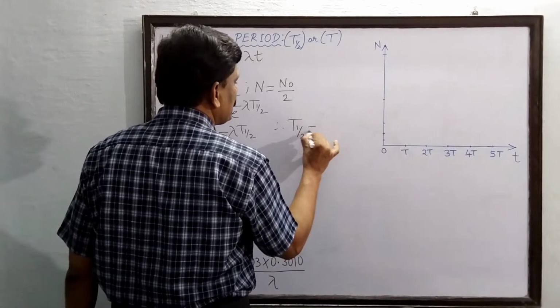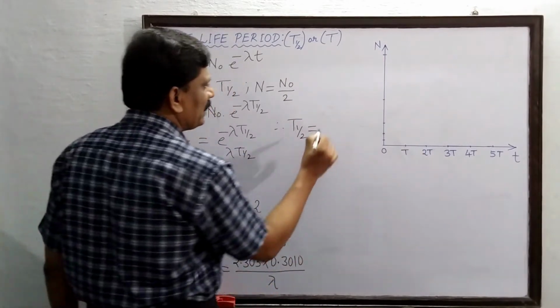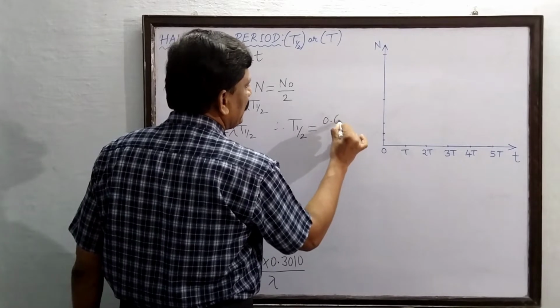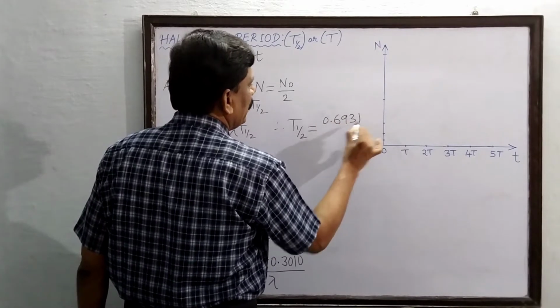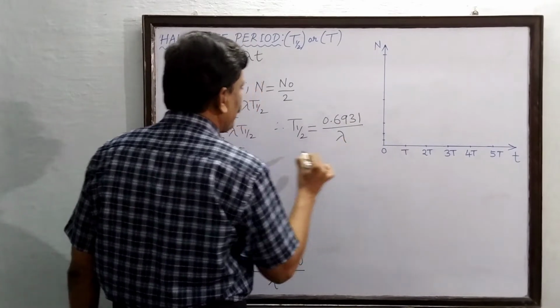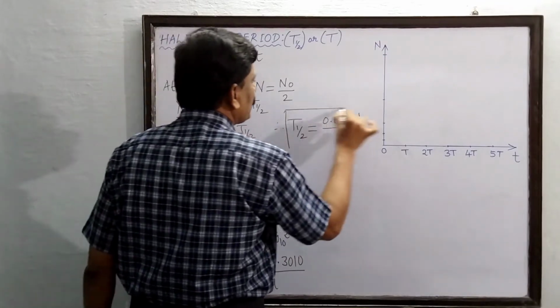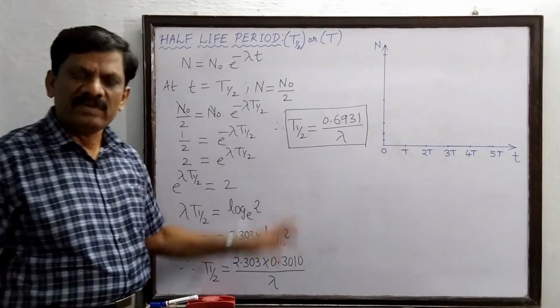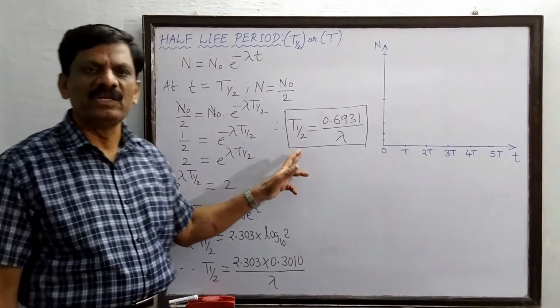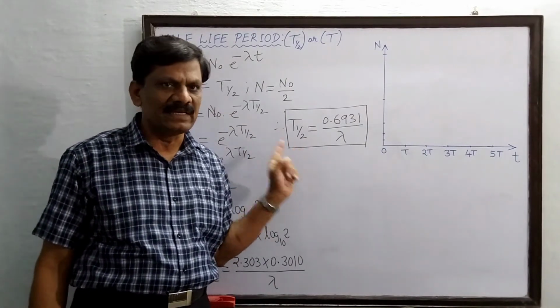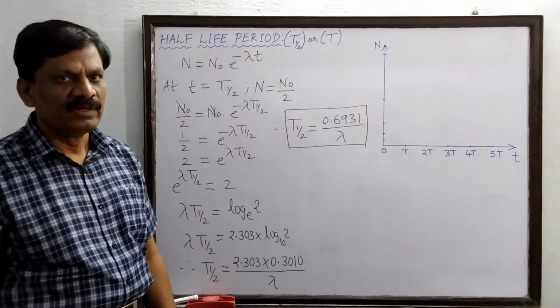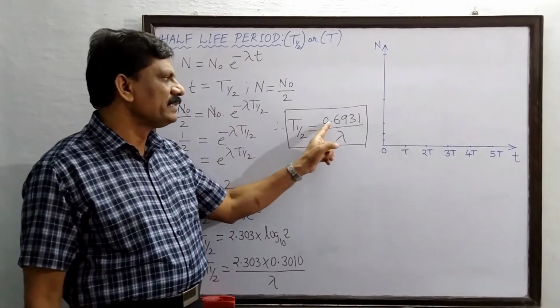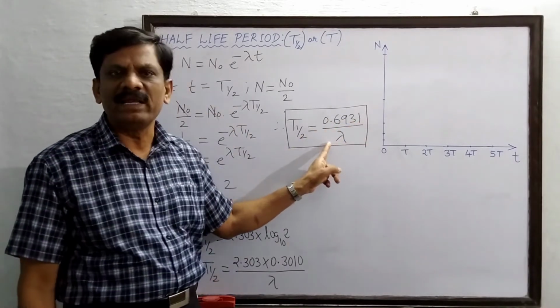Therefore T half is equal to 0.6931 divided by lambda. So this is the expression for the half-life period. This is a very important equation for solving numerical problems in competitive exams and in the board exam also. So T half is equal to 0.6931 divided by lambda.